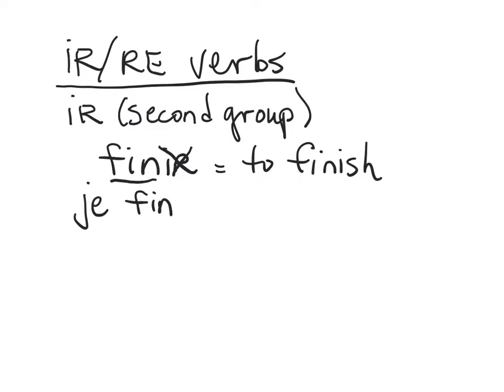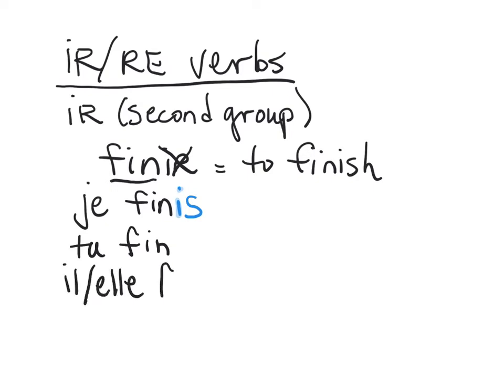There's my stem. I'm going to change my color here so you can see the endings. I'm going to write the endings that you need to write down in your notes, the IR endings. So fin, instead of switching pens every single time, I'm just going to add the endings after.